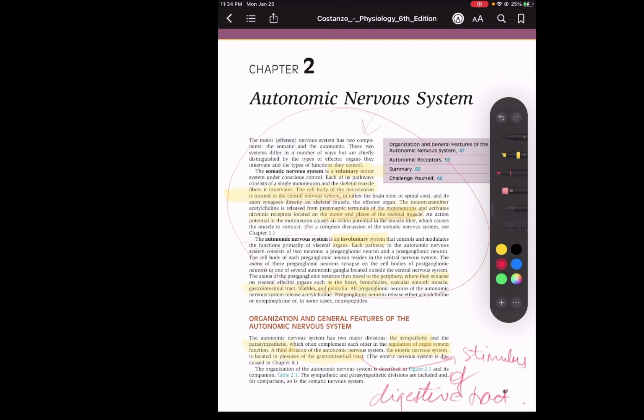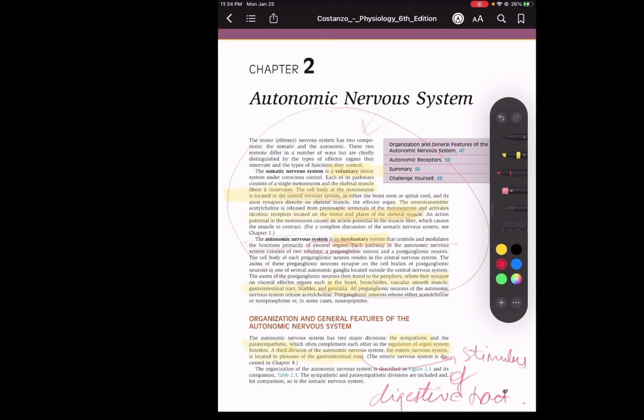And the autonomic nervous system is an involuntary system. It controls and modulates the functions primarily of visceral organs. Again, it is output from the CNS to the periphery, with neurons that travel to the periphery on visceral effector organs.